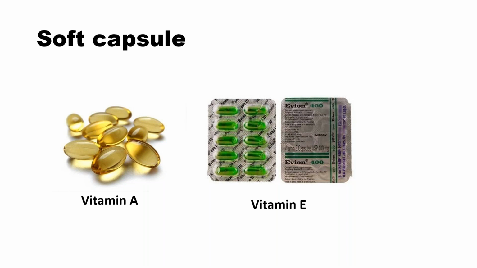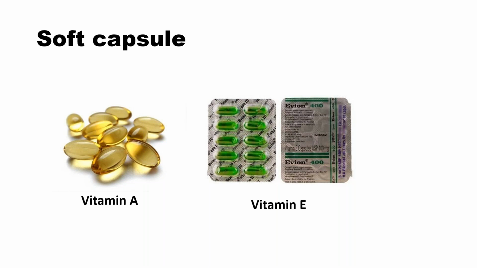Sometimes they contain either liquid suspensions, pasty material, or sometimes they may be filled with dry powders. It is important to note that the necessity of using the soft capsule is to seal the liquid medication within the capsule itself, to prevent the medication, especially susceptible to deterioration in presence of air, and to use volatile medication.